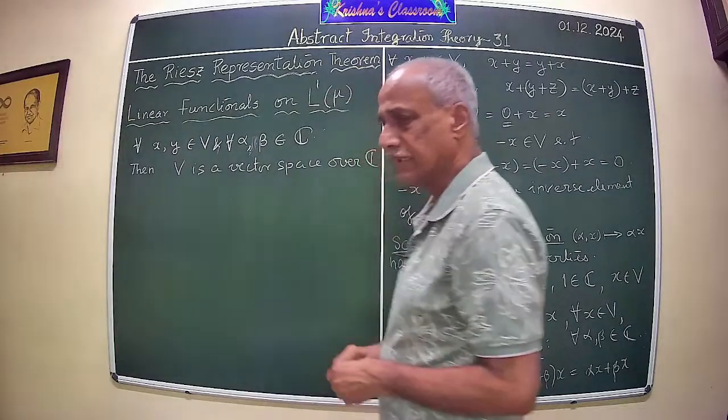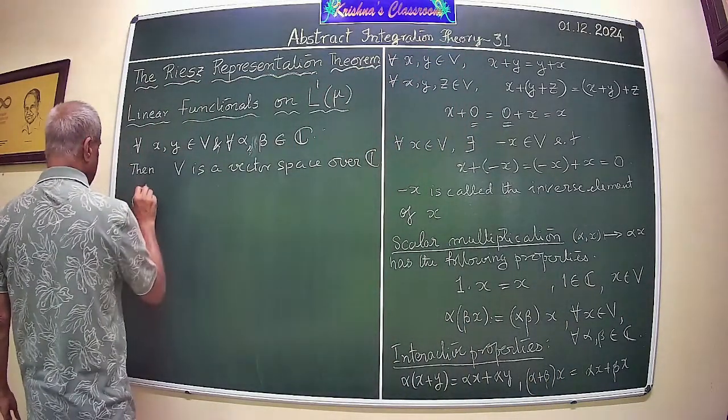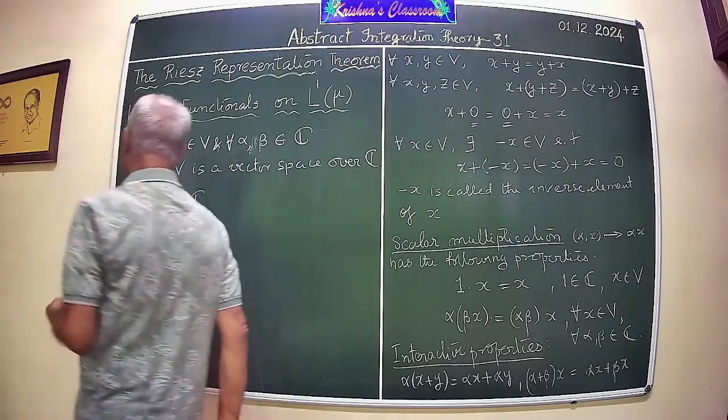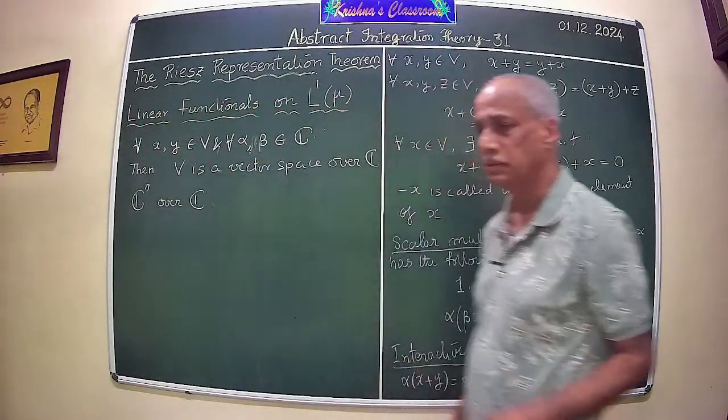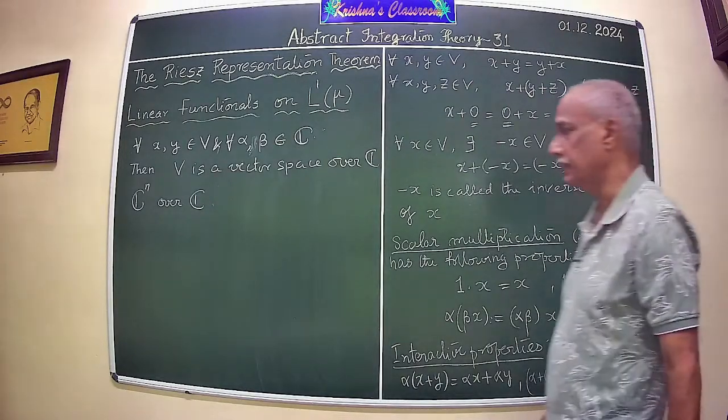So you can see that the classical model for this is C^n over C, a vector space over C with the usual standard vector addition and so on.